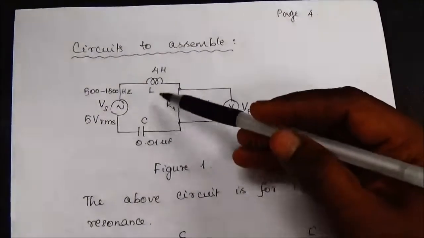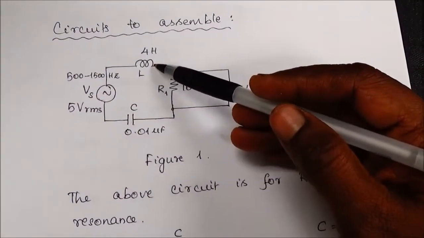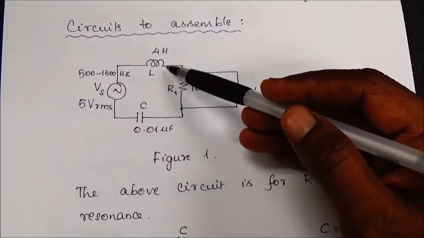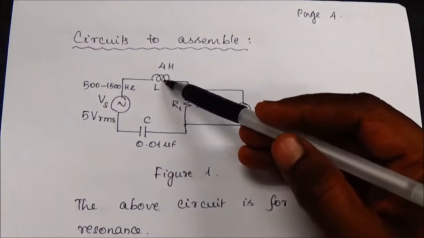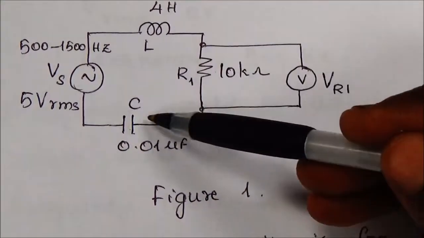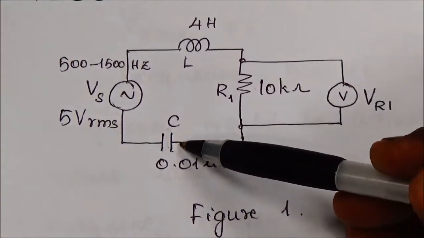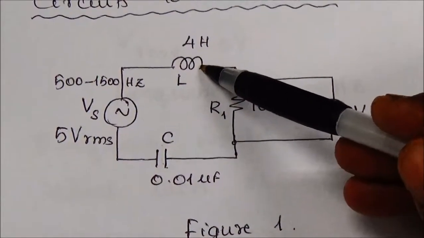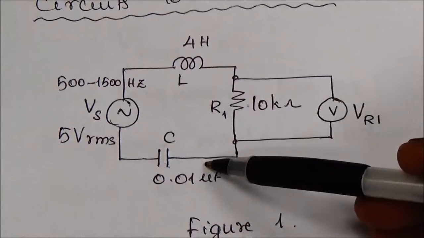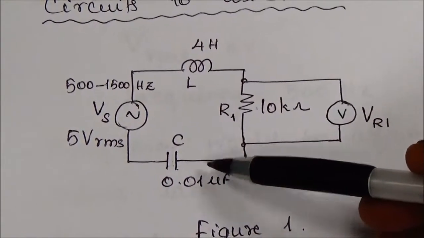Now we are going to hook up this circuit with an inductor, resistor and capacitor. The 4 Henry inductance should be connected in series with the 10 kilo ohm resistance and the 0.01 microfarad capacitor.